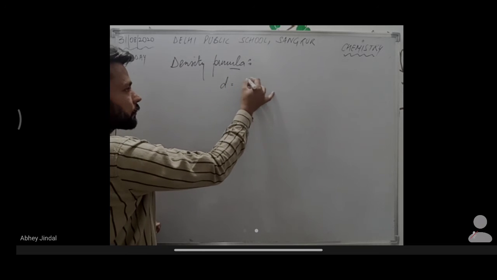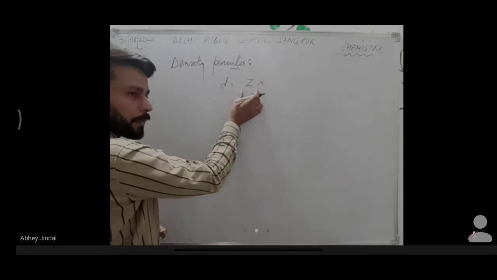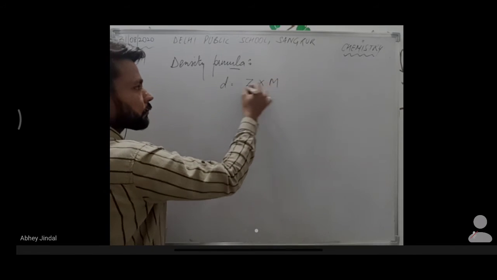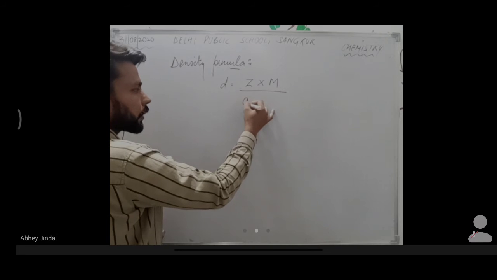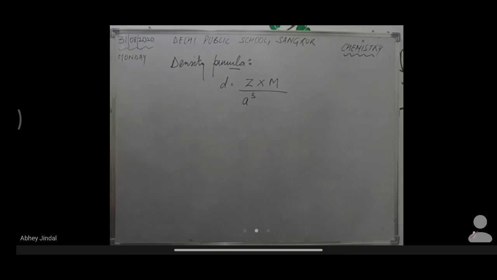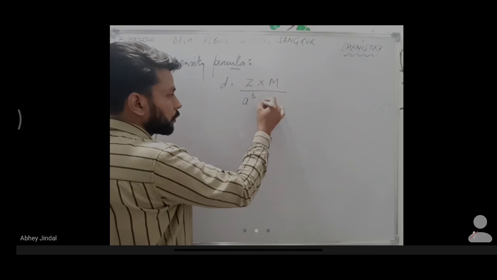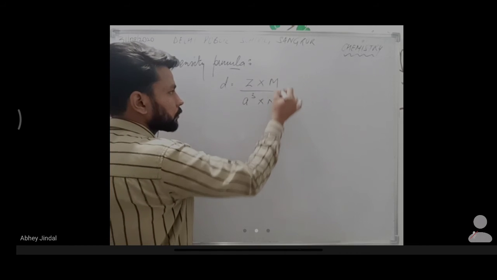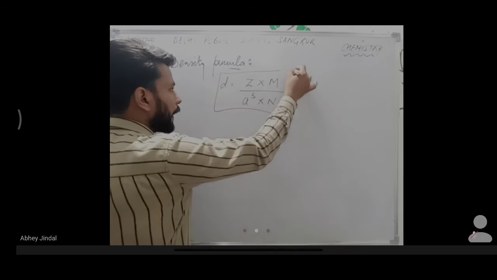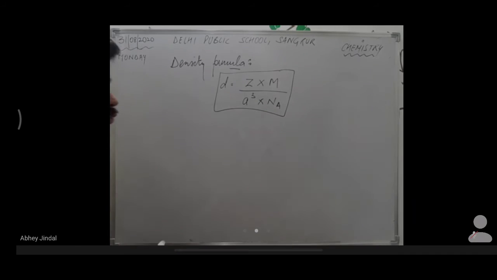D is density, Z is the number of atoms per unit cell, M is the molar mass, a cube is the volume of the unit cell, and Na is Avogadro's number, which has a value of 6.02 into 10 raised to 23. So this is the actual formula for density that you have to keep in your mind.